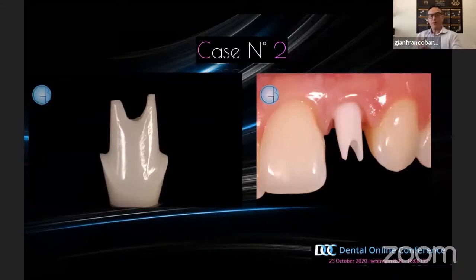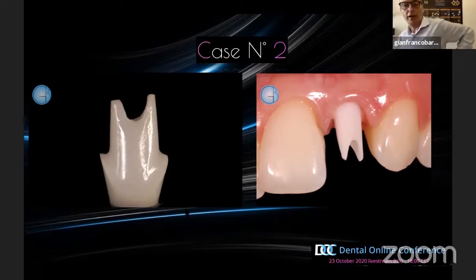We received the abutment, and with this technique we can see the design under the shoulder, where it goes in contact with the tissue, is really straight.